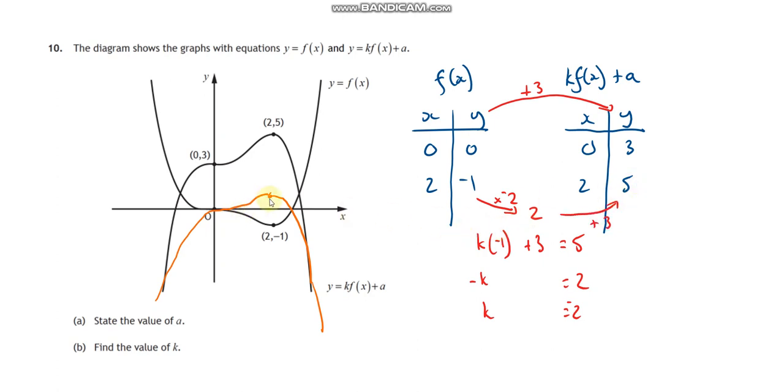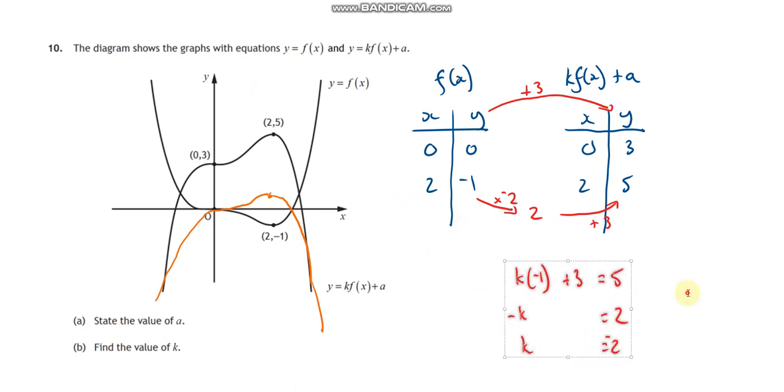So you might instinctively just have thought it was a negative and then said, well, I'll try negative 1, 2, 3 or whatever. But if you want to try and do it with a wee bit of algebra, that's what you're thinking. Got your little equation, your two-step equation from first year effectively. K times this y value, add 3 is going to give me 5. So k must have been negative 2, because negative 2 times negative 1 is 2, plus 3 is 5.